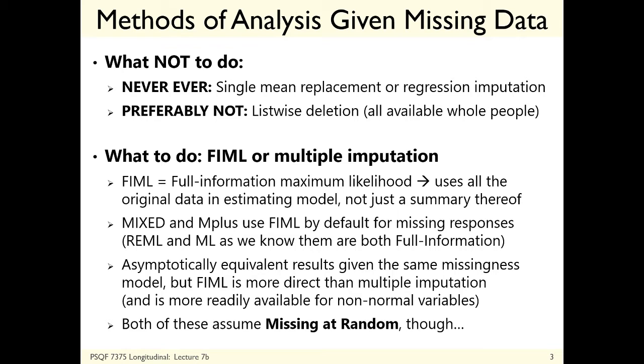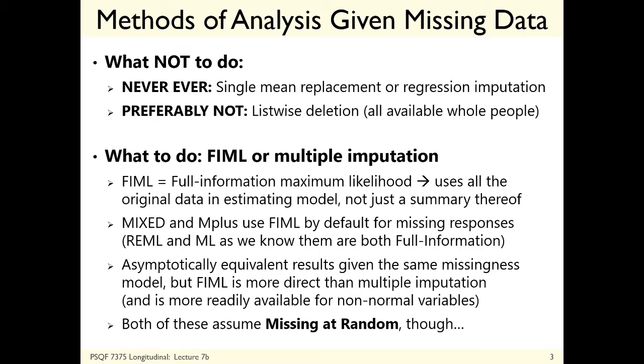So what to do instead? There are two main things that people do to estimate models that include cases that have missing data. Full information maximum likelihood is one, known as FIML. By the way, is REML full information too? Remember we have ML and REML as our estimators?